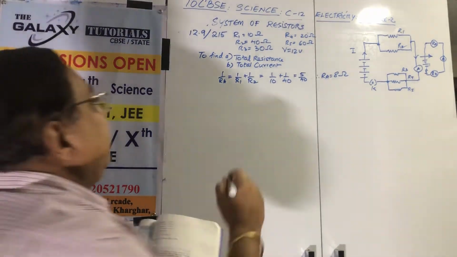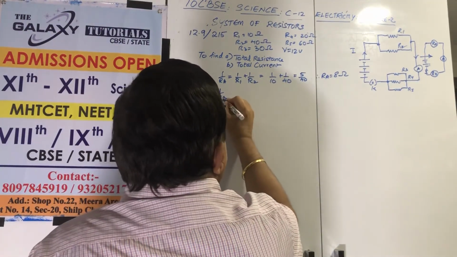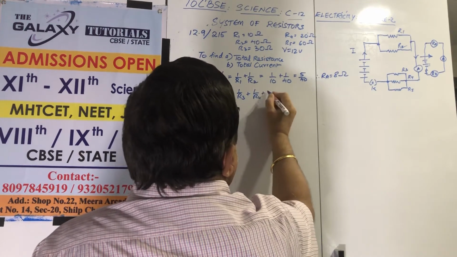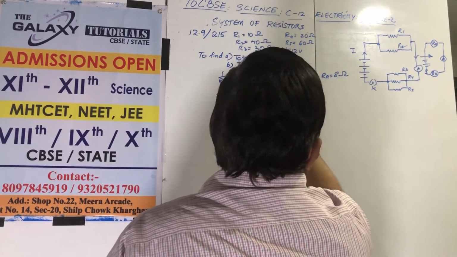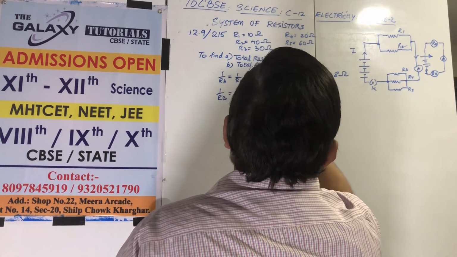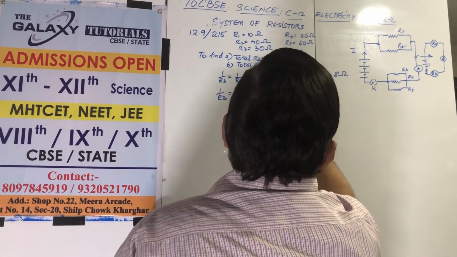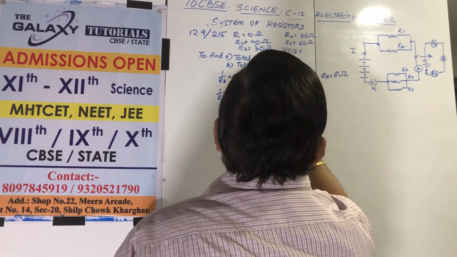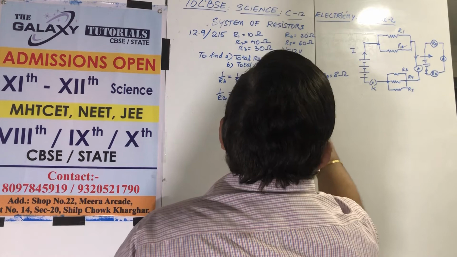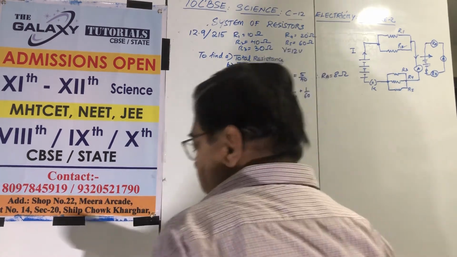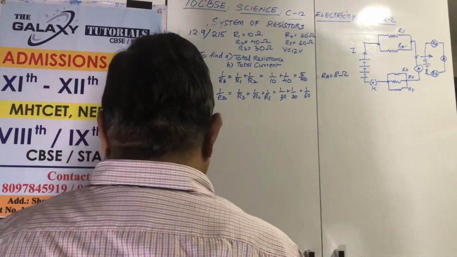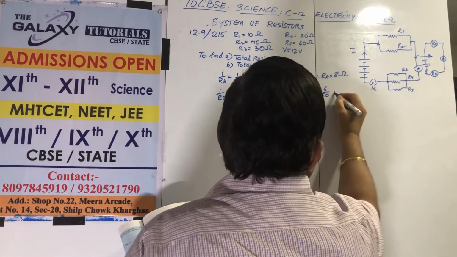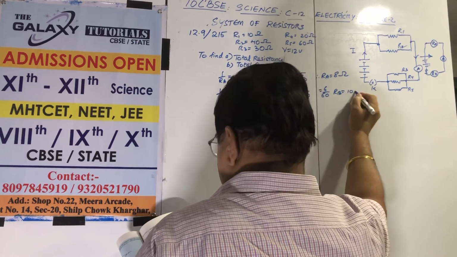Then we'll go for the next one. 1 upon RB is equal to 1 upon R3, 1 upon R4, 1 upon R5. That is 1 upon 30, 1 upon 20, and 1 upon 60. So you will add all three, and when you do this, you will get 6 upon 60, or RB is equal to 10 ohms.